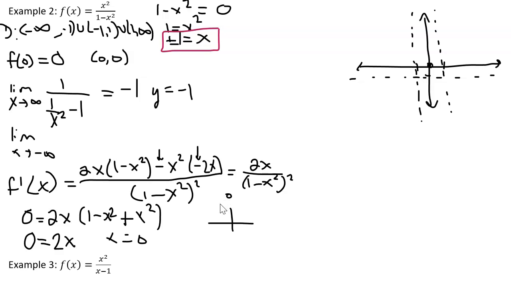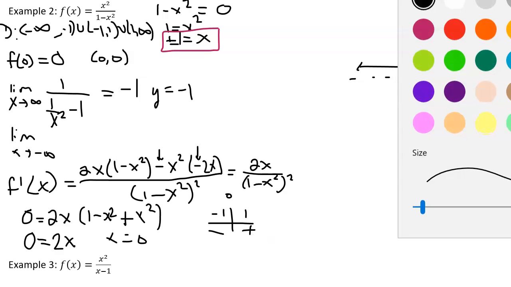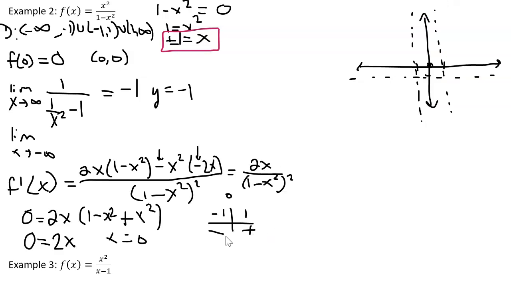So if I plug in a number less than 0 and a number more than 0, when I plug a negative into this numerator, I'm going to get a negative. And when I plug in a positive, I'm going to get a positive. That tells me that the function is decreasing leading up to this minimum and increasing after it. And now I'm confident that the middle portion of the function looks like an upward-facing parabola.